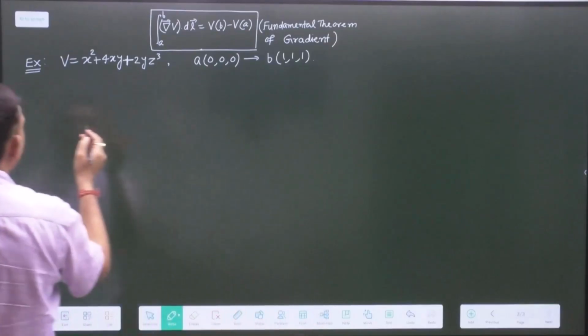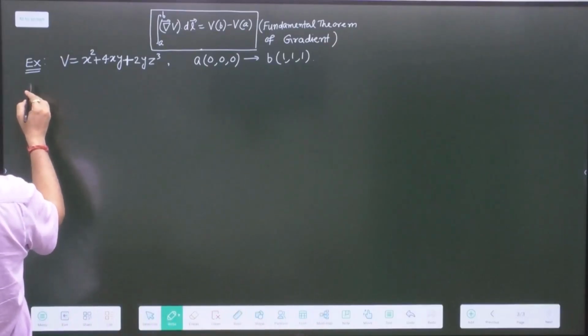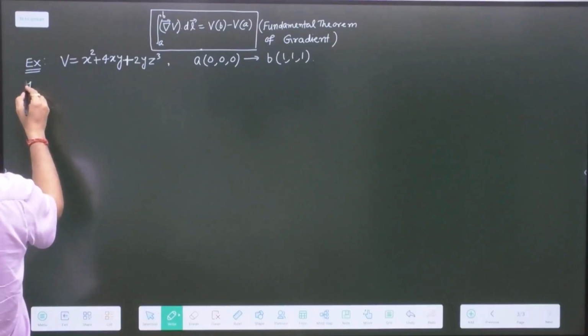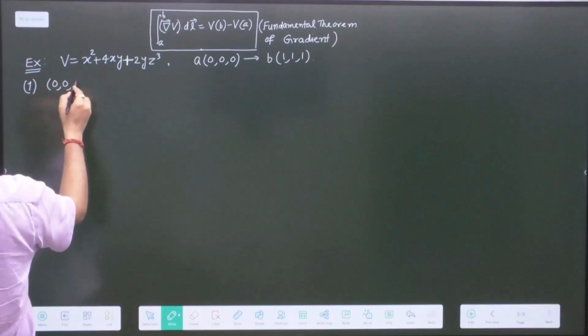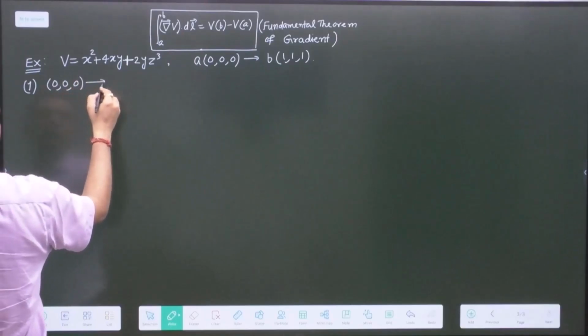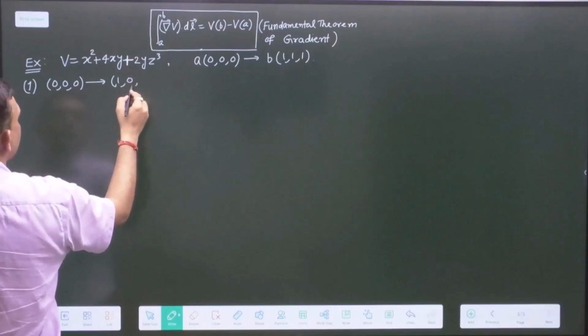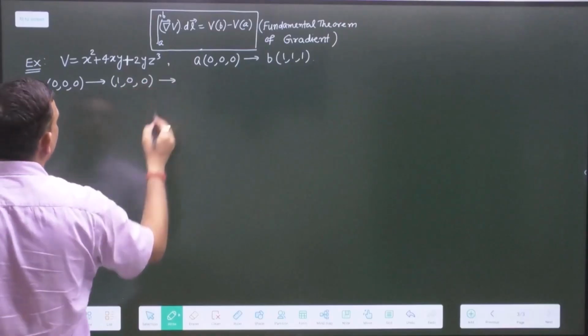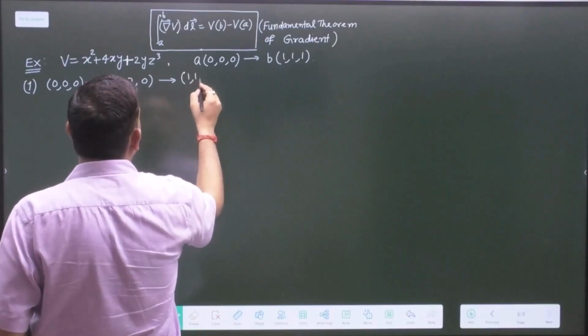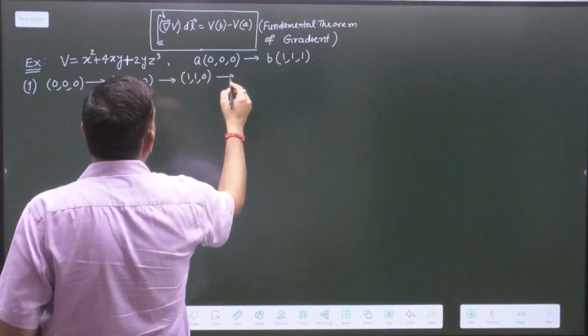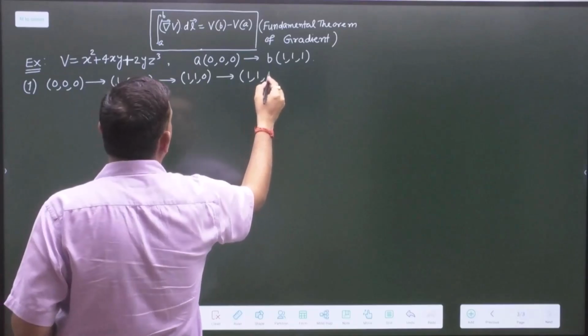And we have to verify this along 3 different paths. First, we have to move from A to B along this particular path: 1, 0, 0, then 1, 1, 0, and then 1, 1, 1.